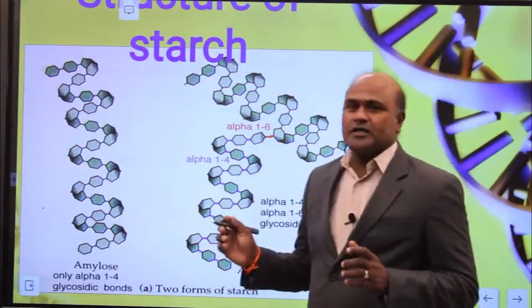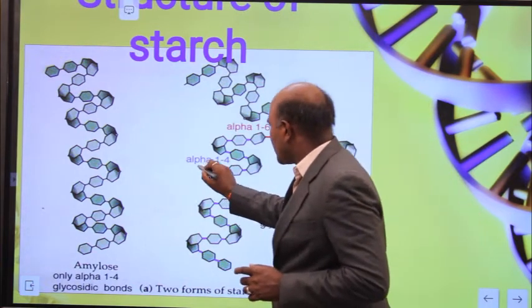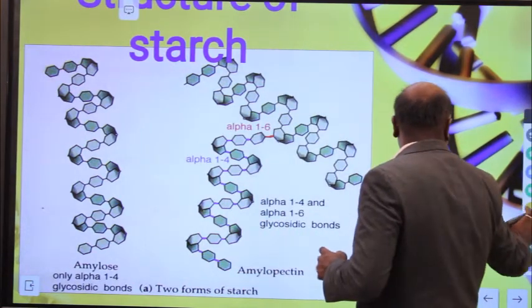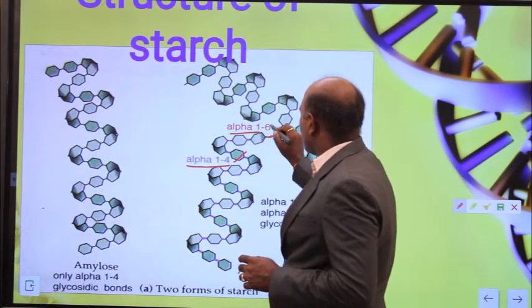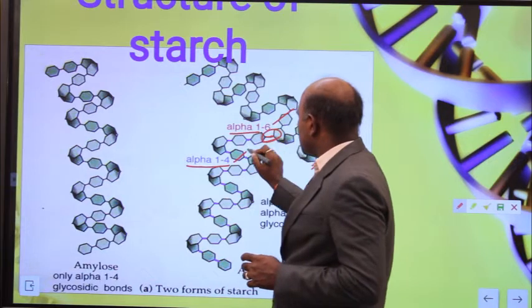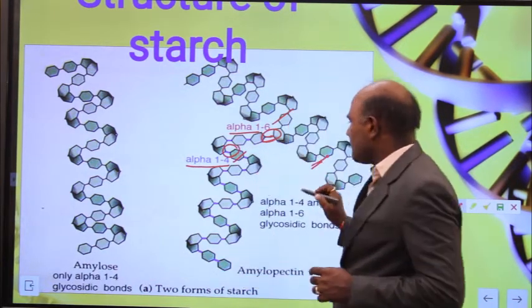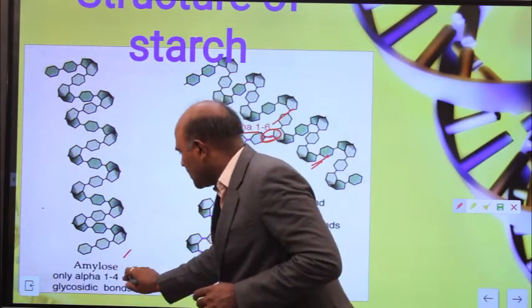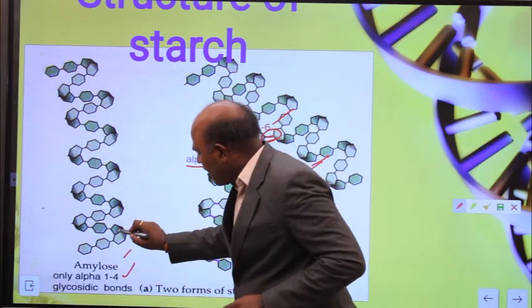And the structure, if you see, looks like this. You can see alpha 1,4 linkages. As I mentioned, starch contains alpha 1,4 and alpha 1,6 linkages. Amylose has only alpha 1,4 linkages. If you see the amylose structure, you can see the bonds here.